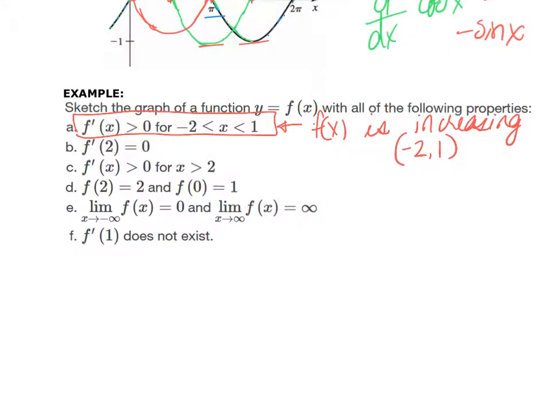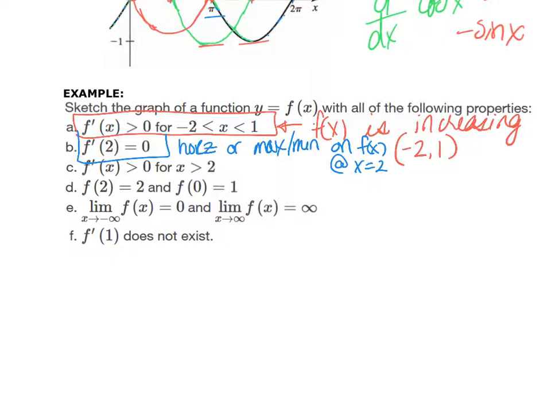This second part tells me that if my derivative at 2 equals 0, either I have a horizontal slide right there, or I have a maximum or a minimum right there. So either I have a horizontal slide on my original function, or I have a max or a min on f of x at x equals 2.